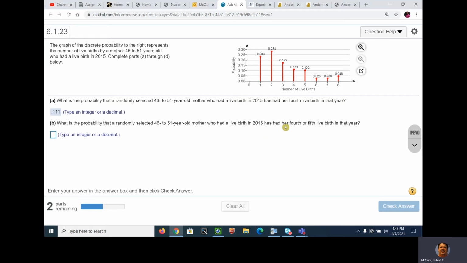Okay, next one. 4 or 5 live births. So you add them together. 0.111, 0.102, that would be 11 cent plus 10 cent is 21 cent. So 0.213.